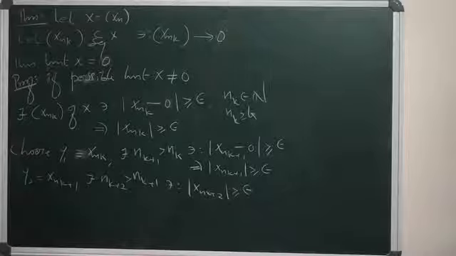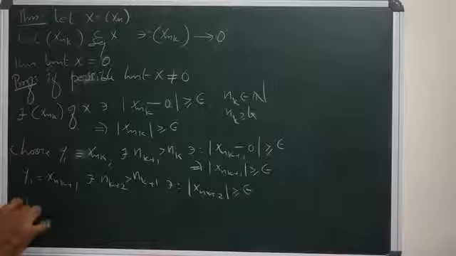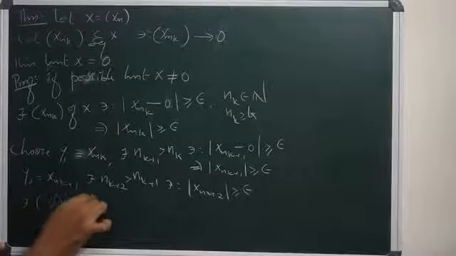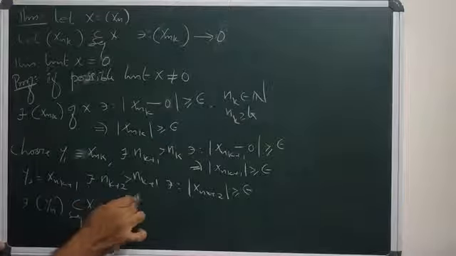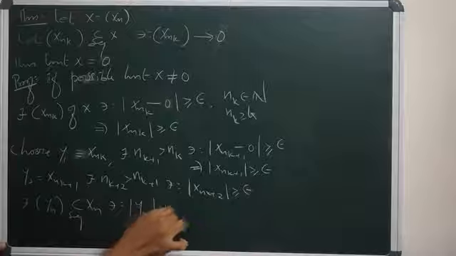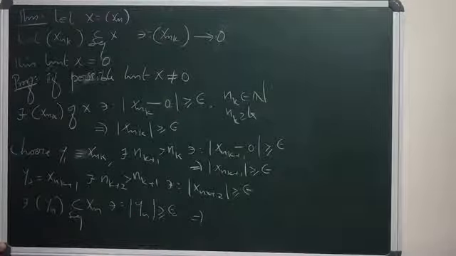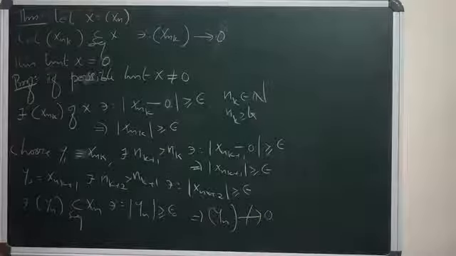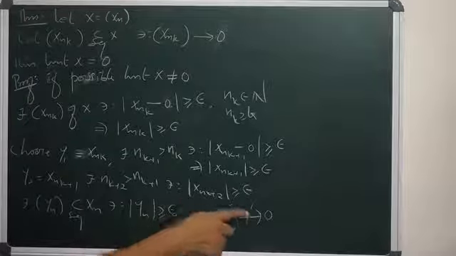So proceeding like this inductively, there exists a subsequence yn of xn such that modulus of yn is greater than or equals epsilon naught, which means the sequence yn does not converge to 0. So that's a contradiction.